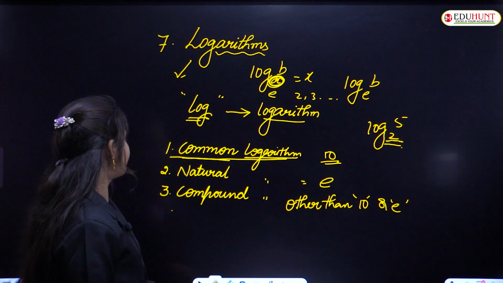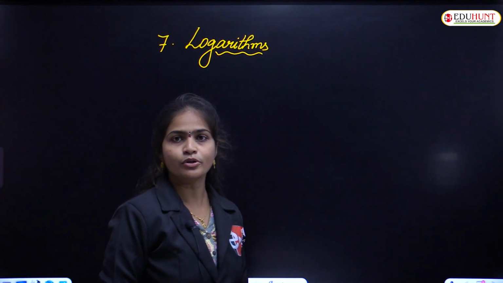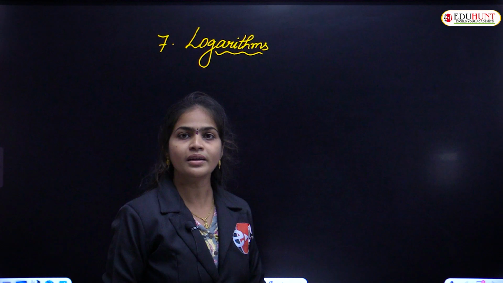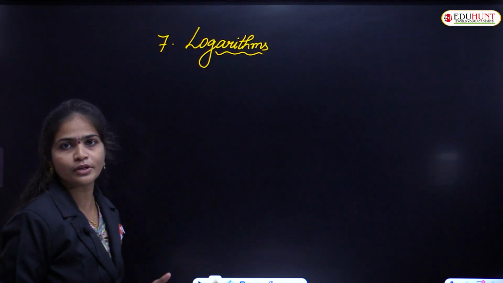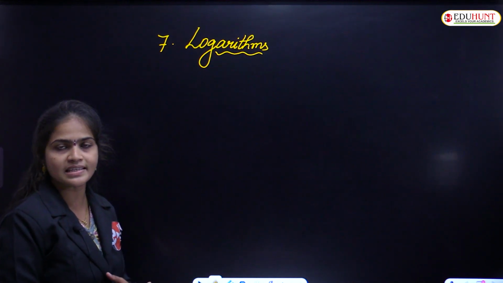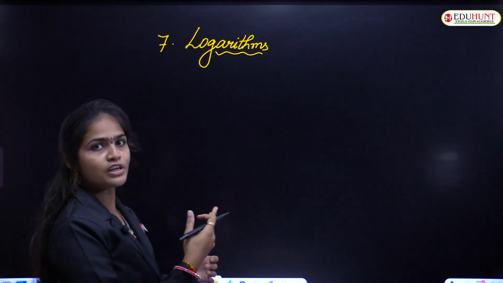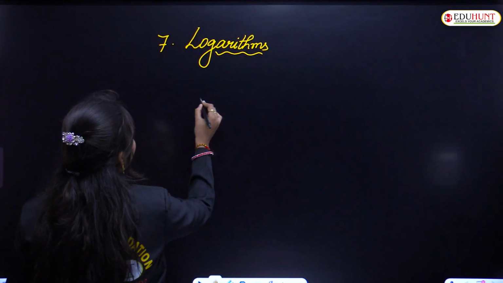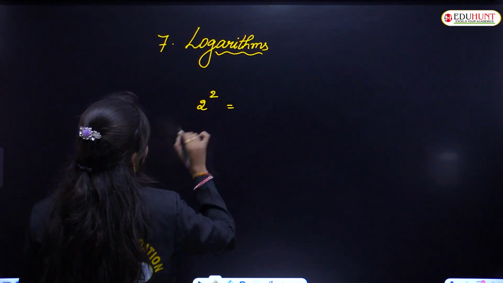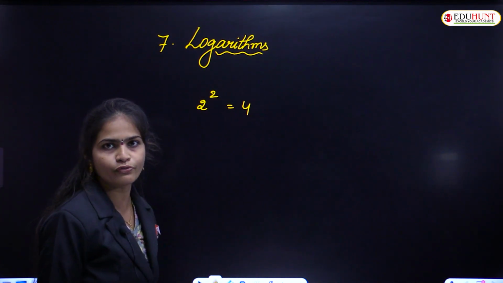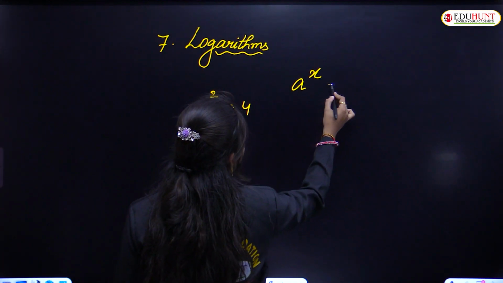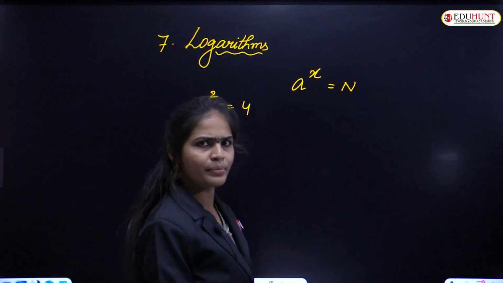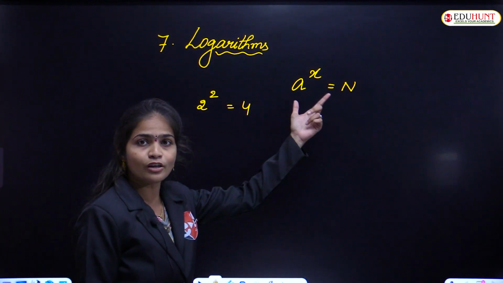Children, up to now we discussed the definition of a logarithm. Before that, I said we would discuss the exponential form first and logarithm later. What is the relation between exponential form and logarithm form? For example, we know that 2 square is equal to 4, or in general a power x is equal to n.